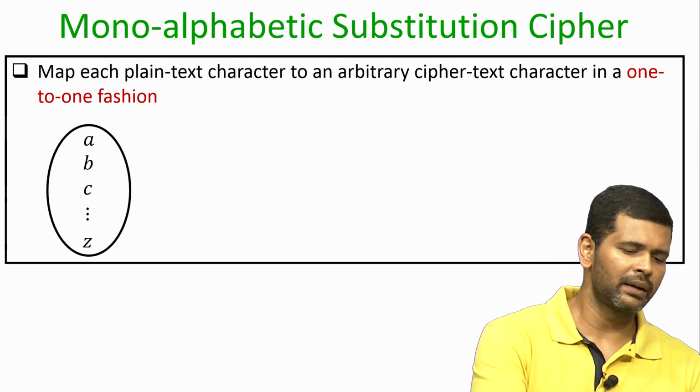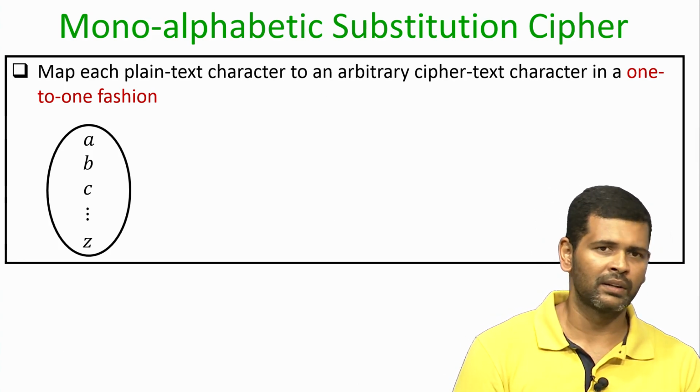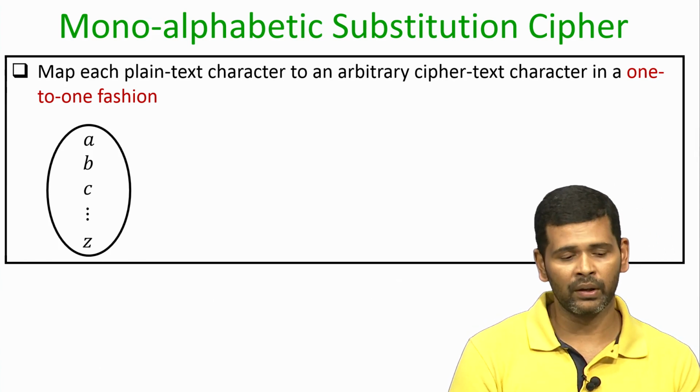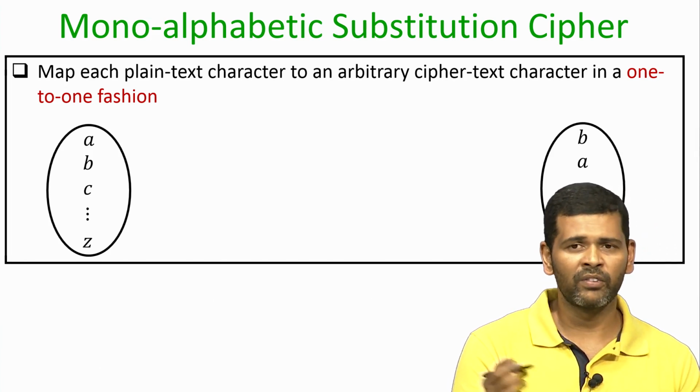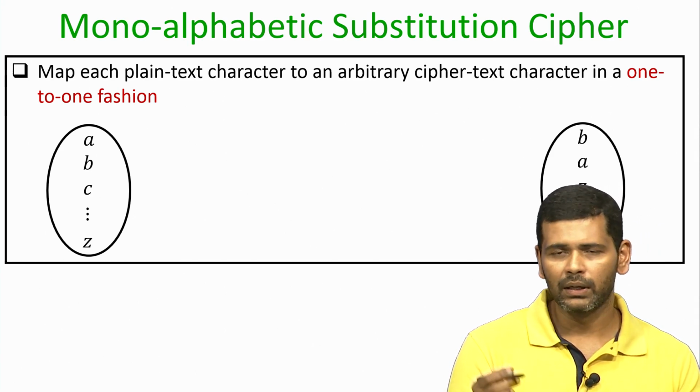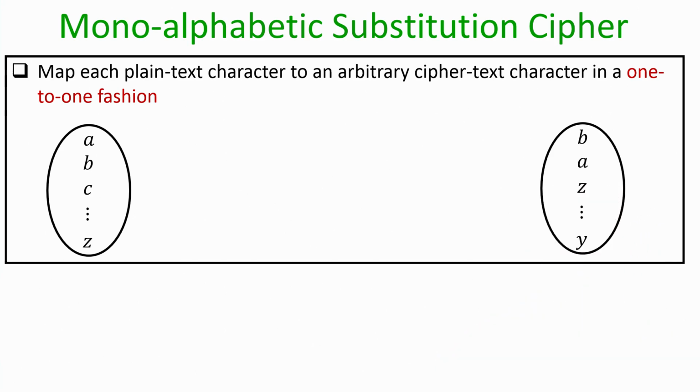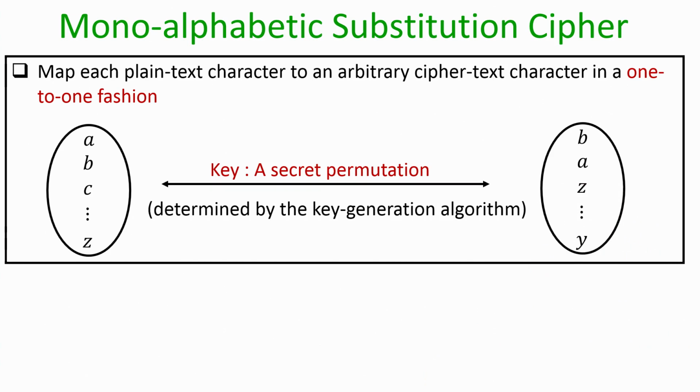We know that the plaintext characters could be any of the characters in the range A to Z or 0 to 25. What we do is, we map each plaintext character in a 1-to-1 mapping to the set of ciphertext characters A to Z. That means the key is going to be a secret permutation of the set 0 to 25, which is going to be known only to the sender and the receiver.